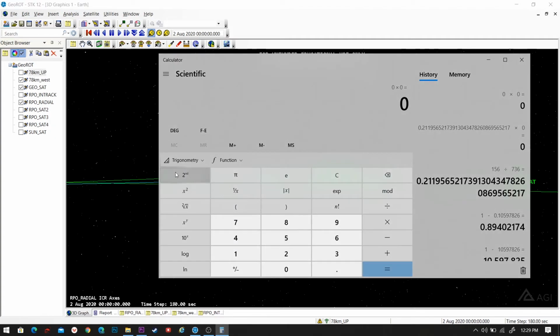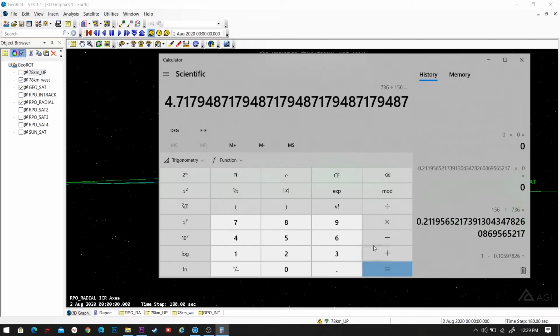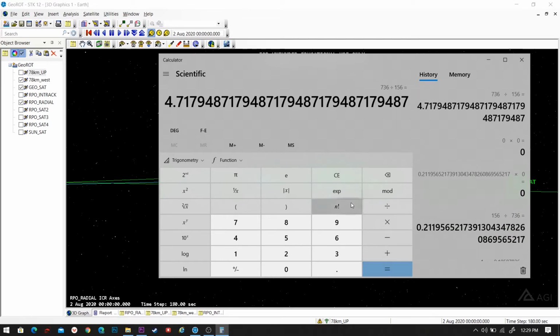Okay, so let's just do some basic math. There's 736 kilometers in a single degree. One 2.84 meters per second burn produces a 156 wide NMC. So we want to find out how many 156 wide NMCs we can fit into 736 kilometers. Apparently it's 4.7.